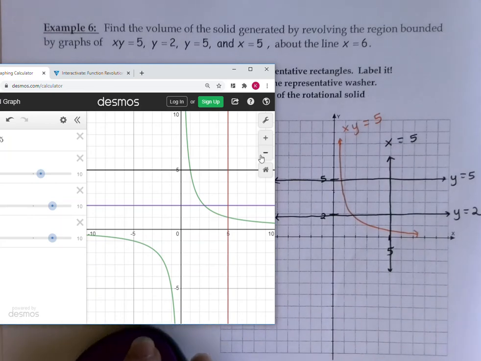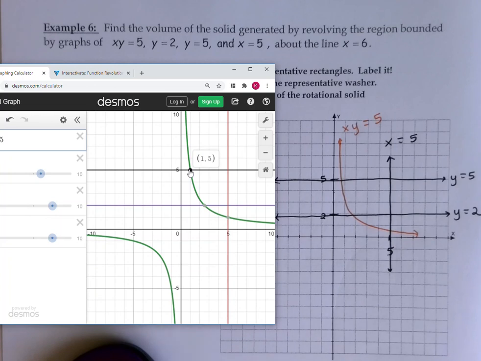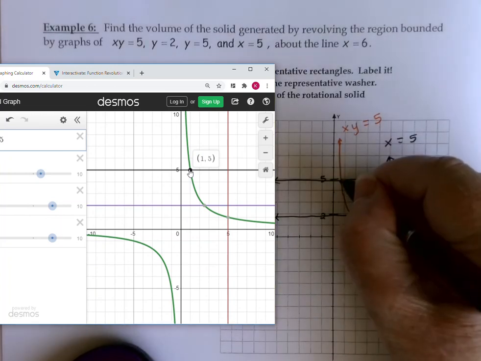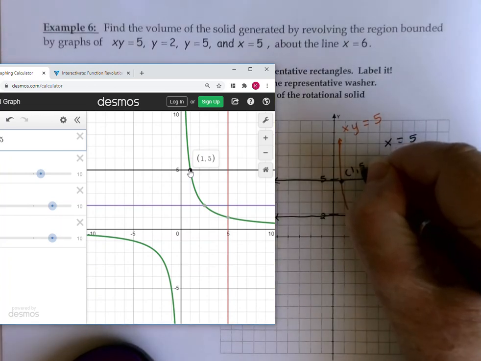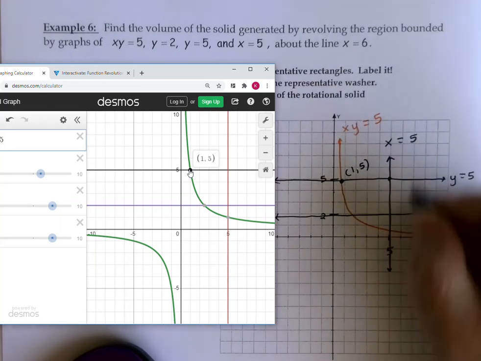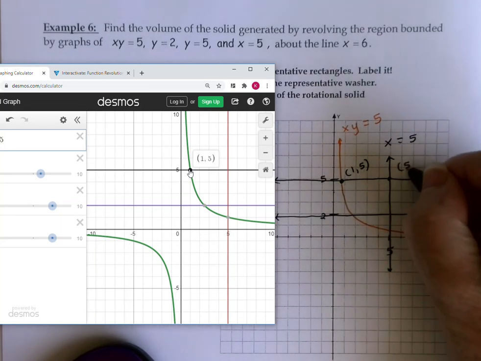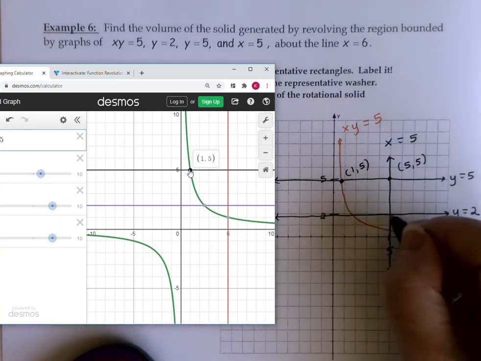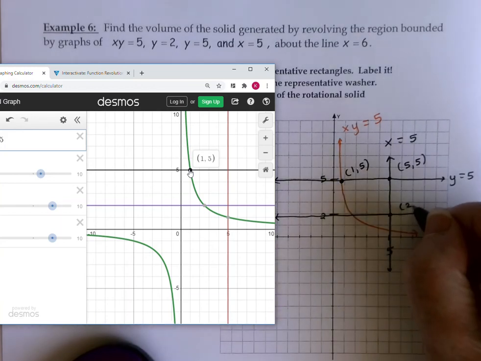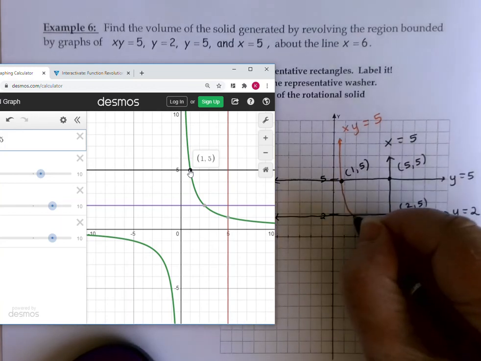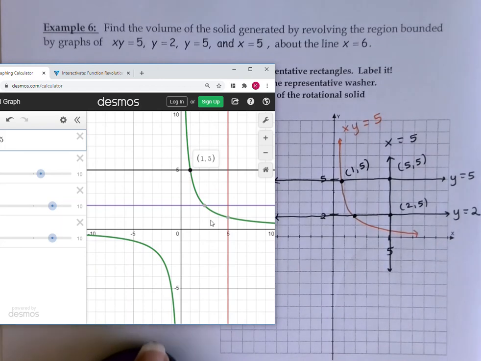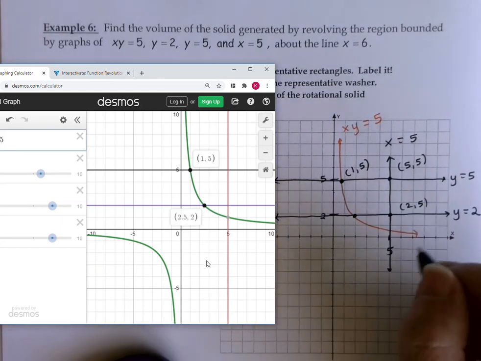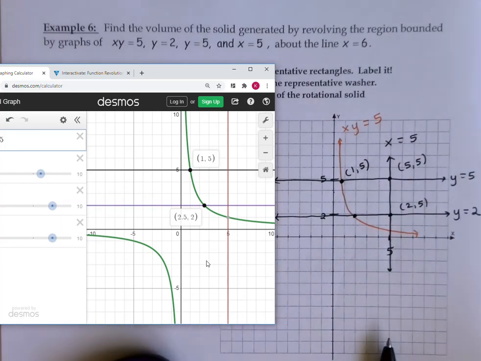All right, let's get intersection points while we're here. That one's 1, 5. That one's obviously 5, 5. This one is clearly 2, 5. And then that one is 2.5, 2. Good heavens, I think I need to take a break.